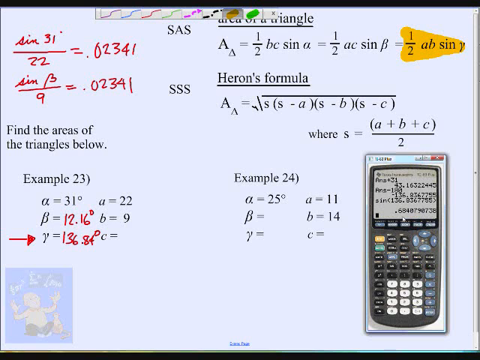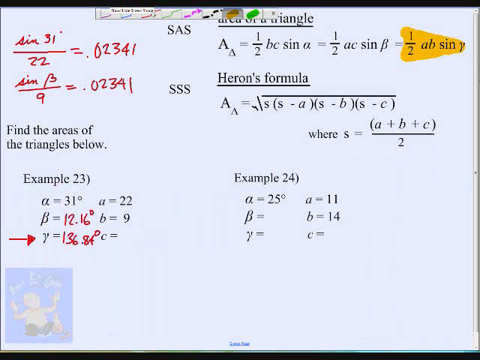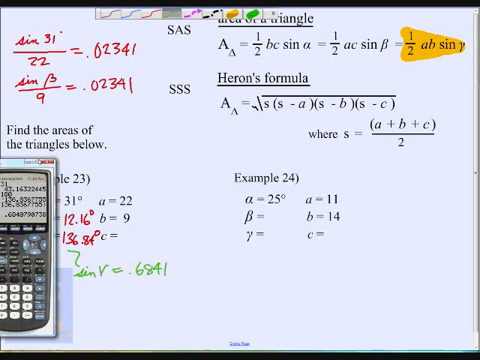The sine is 0.6841, and I'm going to multiply that times 22 times 9, and then times 1/2.